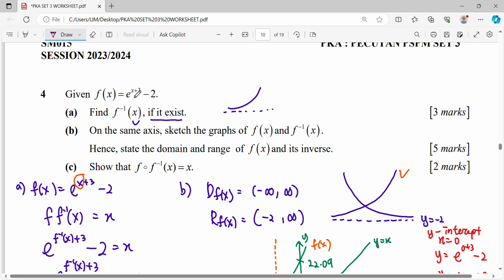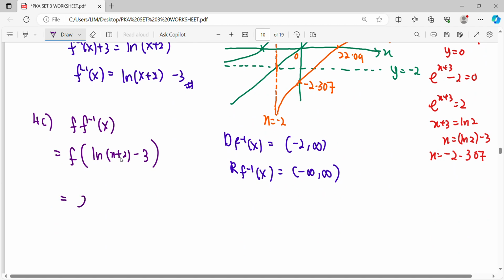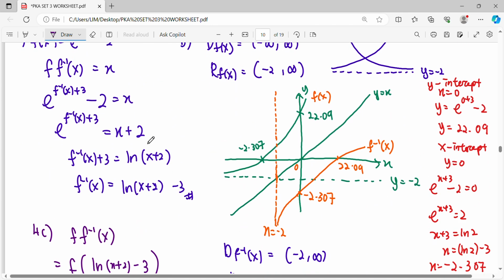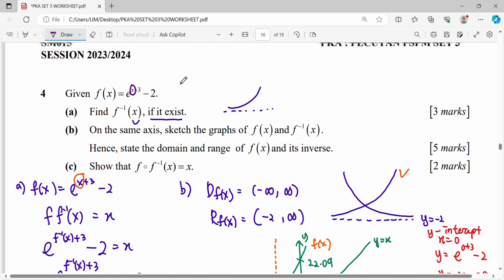So the x here will be substituted by the ln. Therefore, e to the power of ln(x + 2) minus 3, then plus 3, and the function here has minus 2.